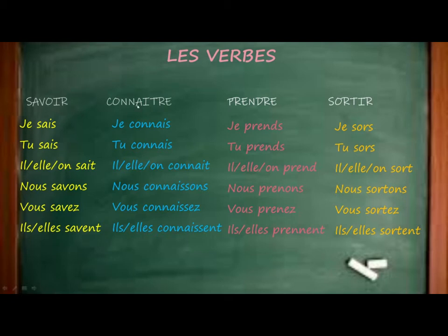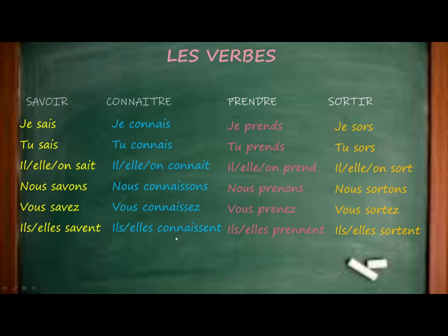And connaître is used for nouns. Before a noun you'll use connaître, for persons and for places. Je connais, tu connais, il connaît, elle connaît, on connaît, nous connaissons, vous connaissez, ils connaissent, elles connaissent.